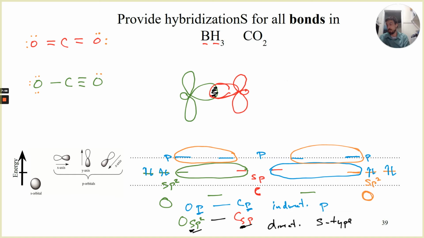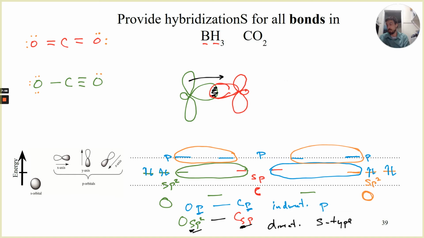But as long as those orbitals are in the same plane, the electron can tunnel through space. Okay? And that's causing that indirect overlap. The p orbitals aligning in the same plane are what allow for the overlap. Right? And that's what's happening there. That's why we're getting that.